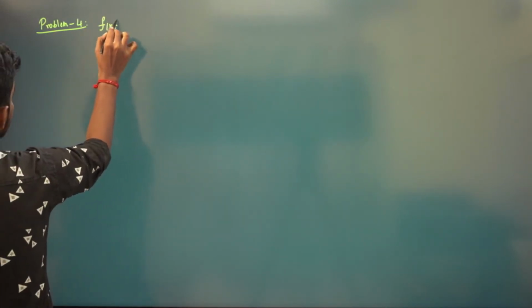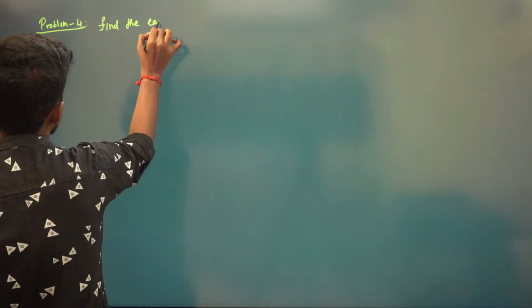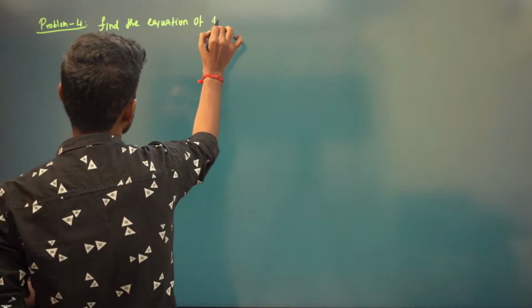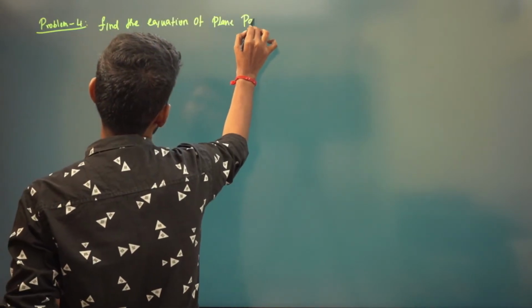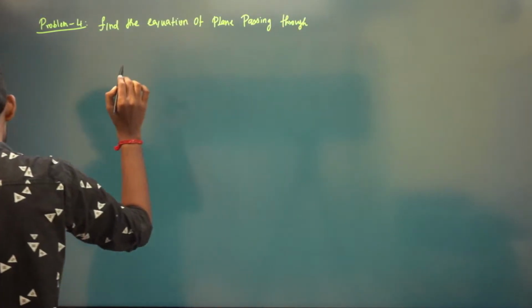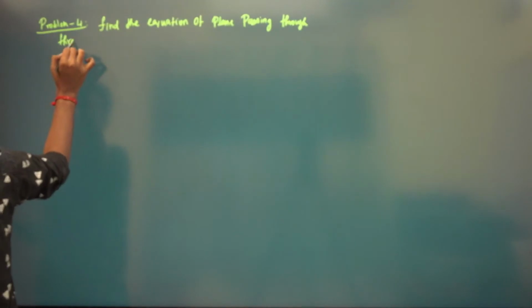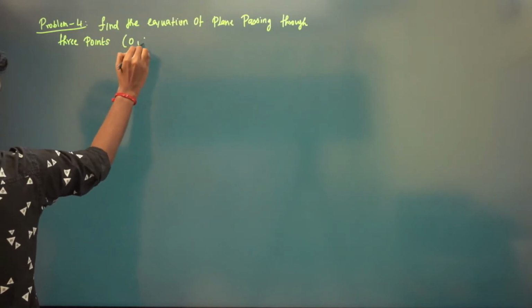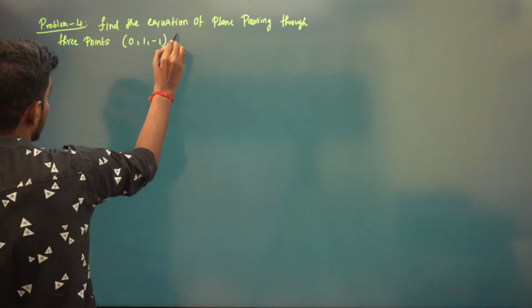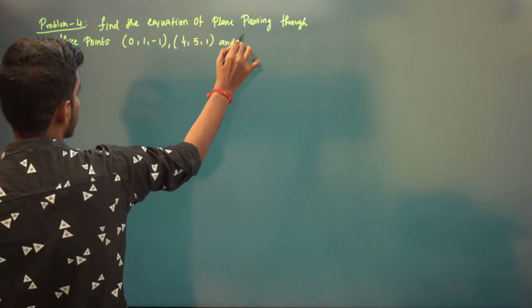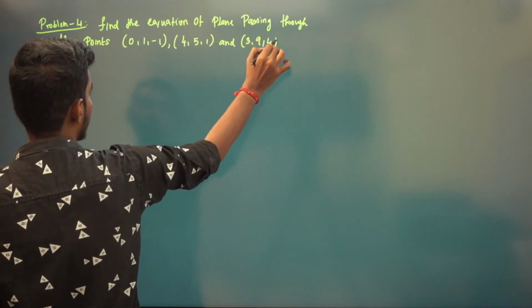Find the equation of plane passing through 3 points. Very easy. The 3 points are 0 comma 1 comma minus 1, 4 comma 5 comma 1, and 3 comma 9 comma 4.